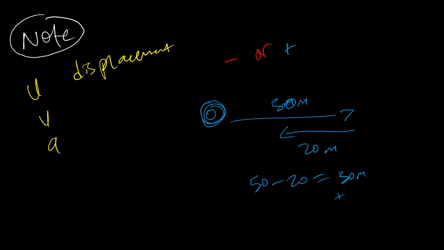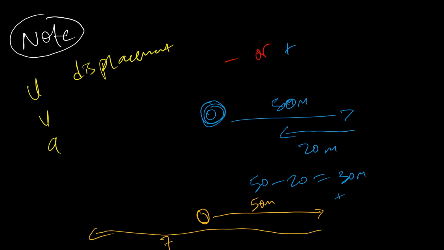Now let's look at a scenario where the ball moves 50 meters towards east, and then moves 70 meters towards west. What will be the displacement at this point?